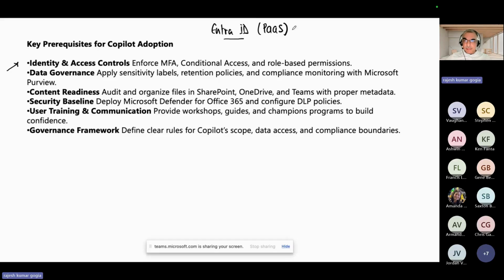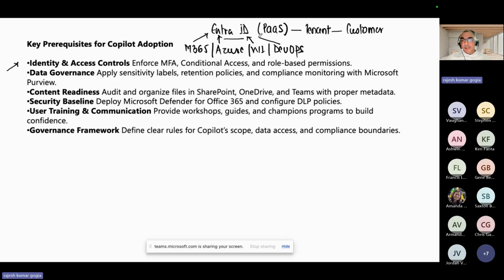And this is as good as my tenant, and that tenant belongs to the customer. So whether I'm talking about Microsoft 365, Azure, Intune, or DevOps, anything it can be, what is happening? They are using Entra ID as the backbone.